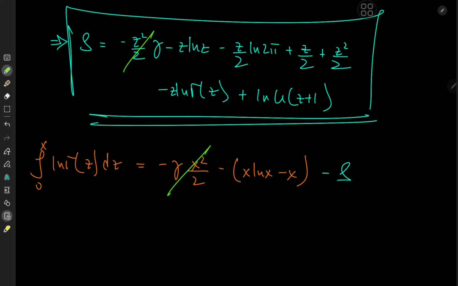These two go away. Anything else going away? Ah, yes, the x log x terms. Anything else? Well, we're still left with a positive x, and we have negative x over 2 here, so that's going to be positive x, negative x over 2. Yeah, that's x over 2.